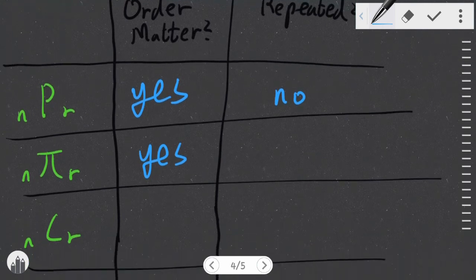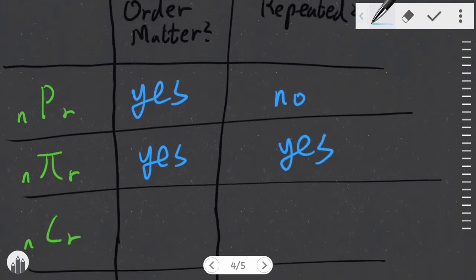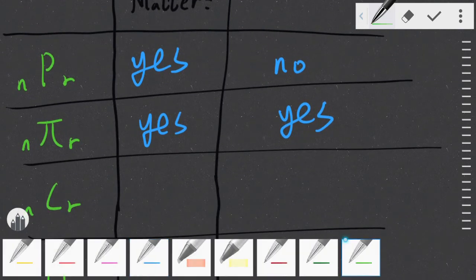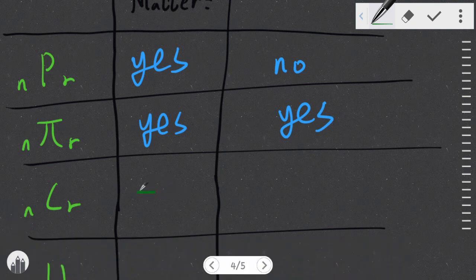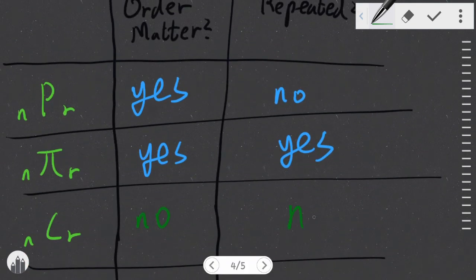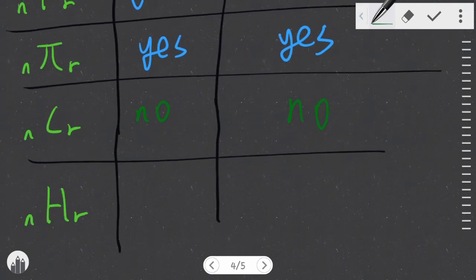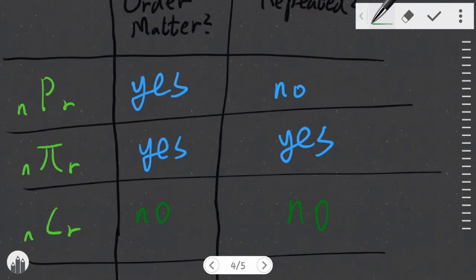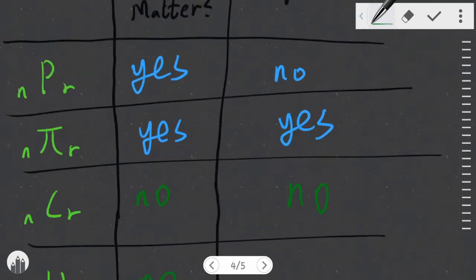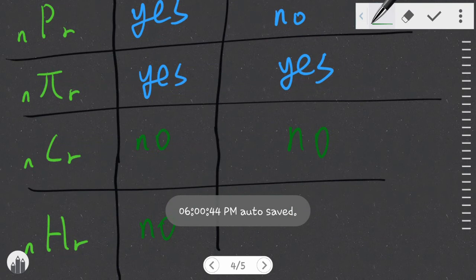Can it be repeated? Yes, that's why it's called a repeated permutation. nCr, does the order matter here? No, the order does not matter. Can it be repeated? No, not in nCr. nHr, does the order matter? No. Can it be repeated? Yes, it can be repeated.